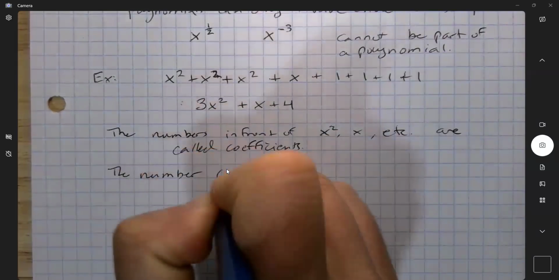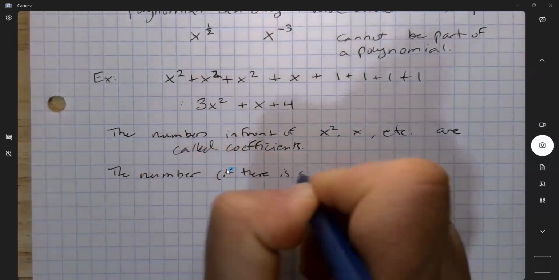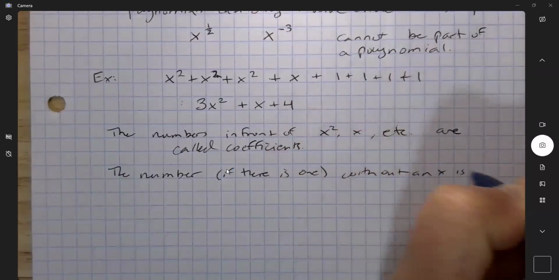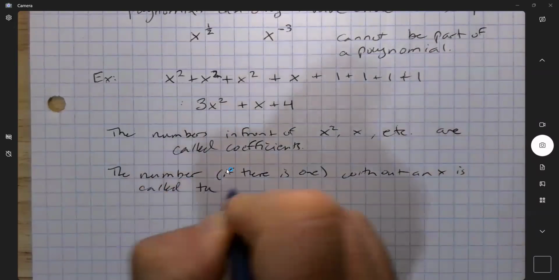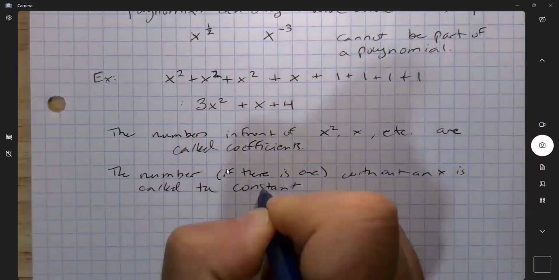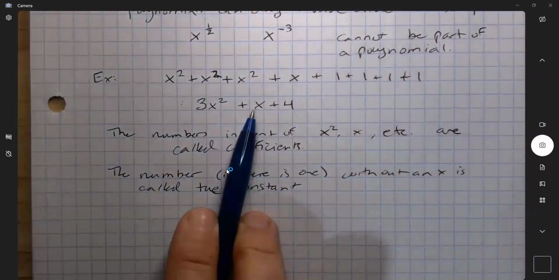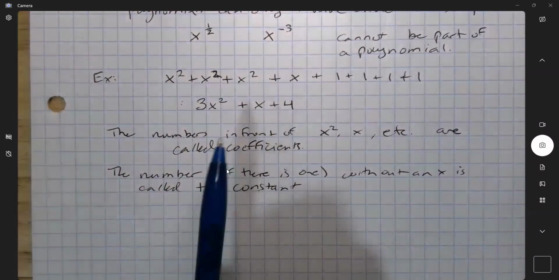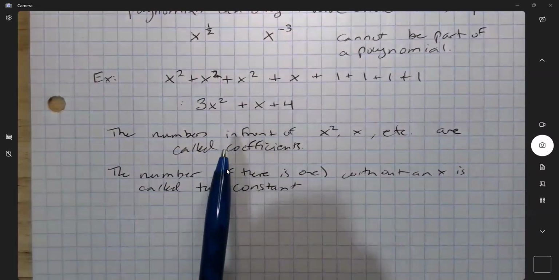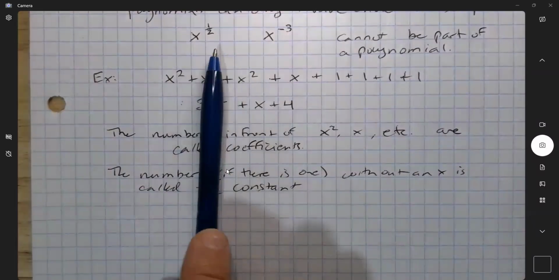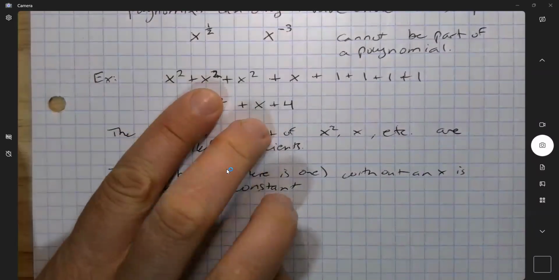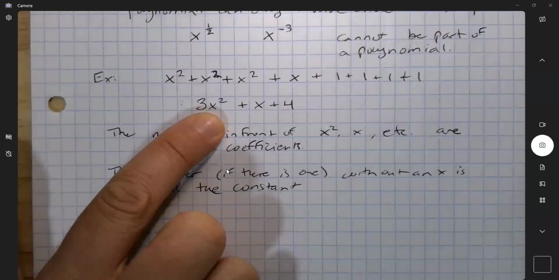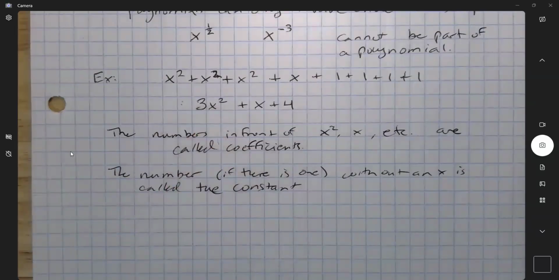The number, if there is one, without an x is called the constant because it never changes. No matter what value for x I choose, it will never change. So you can see as you think back to when we were solving equations, we were only solving linear equations, equations where there was only an x and a number. And now we're going to extend that to allow ourselves to involve other powers of x.